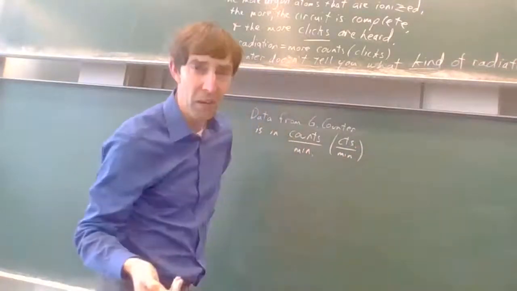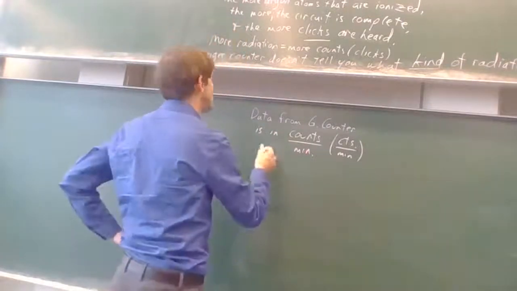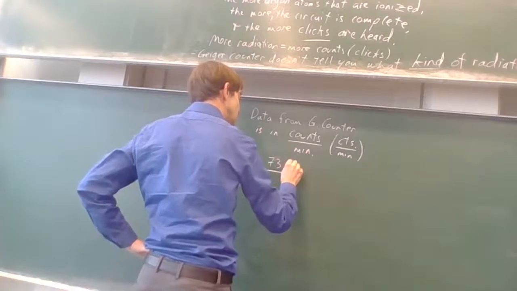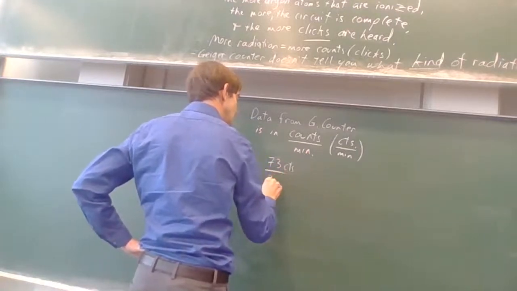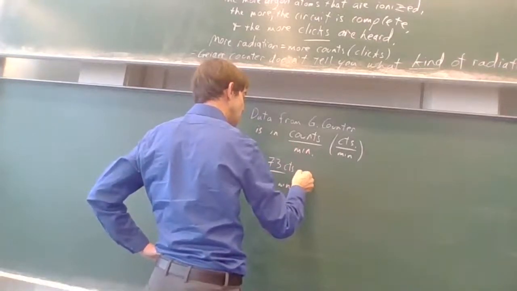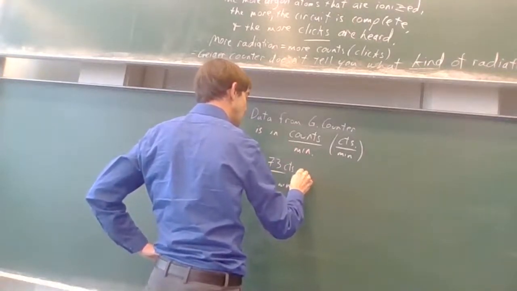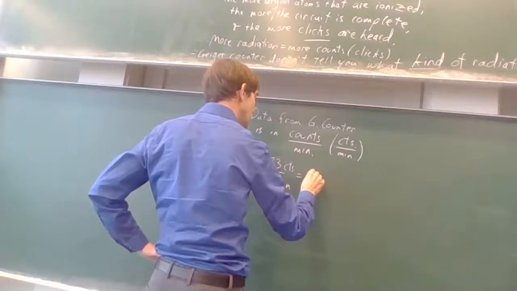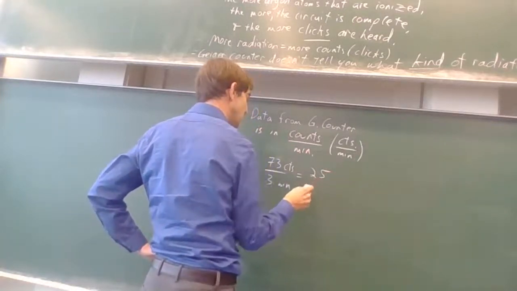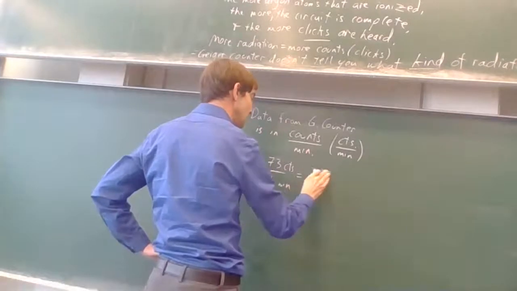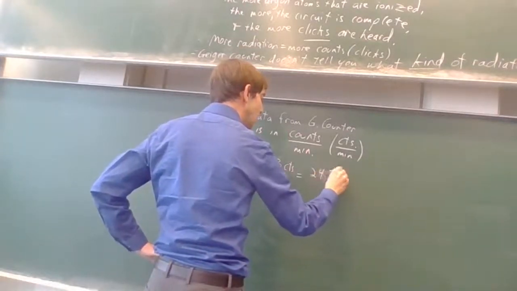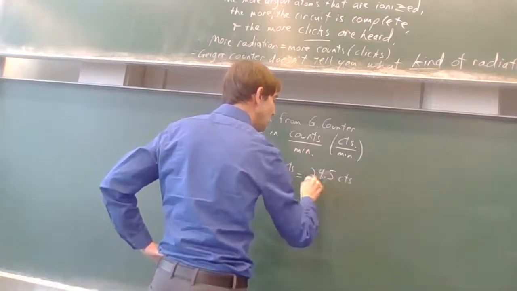Well, check it out. We got a problem. We did ours for 3 minutes, so we got to do a little dividing. 73 counts divided by 3 minutes. And I think you can see that's going to come out to about 25. Let's see, 24 would be about 24 and a half counts per minute.